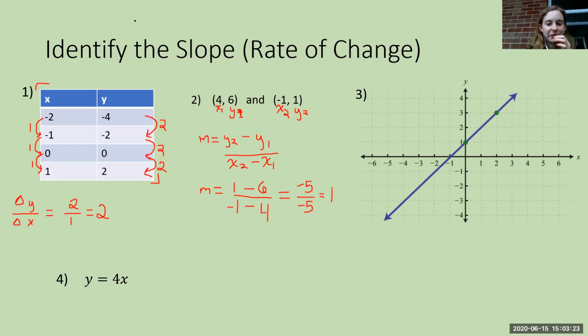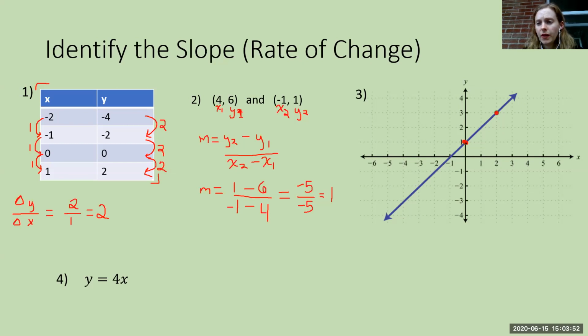All right, so we were talking about this graph. So with this graph, I've got some easily identifiable whole number points. I'm not having to guess at any decimal values or anything like that. So I'm going to use these green points that are already up there for me. So I've got a point here and a point here.